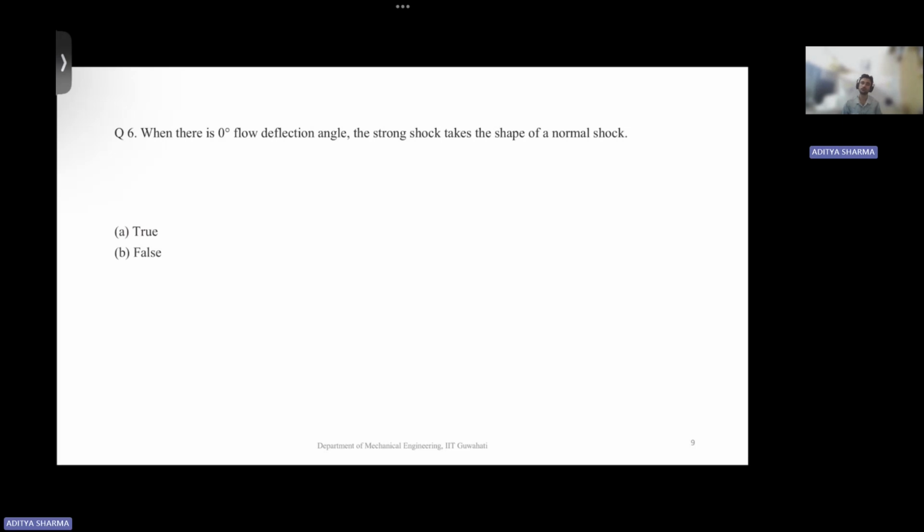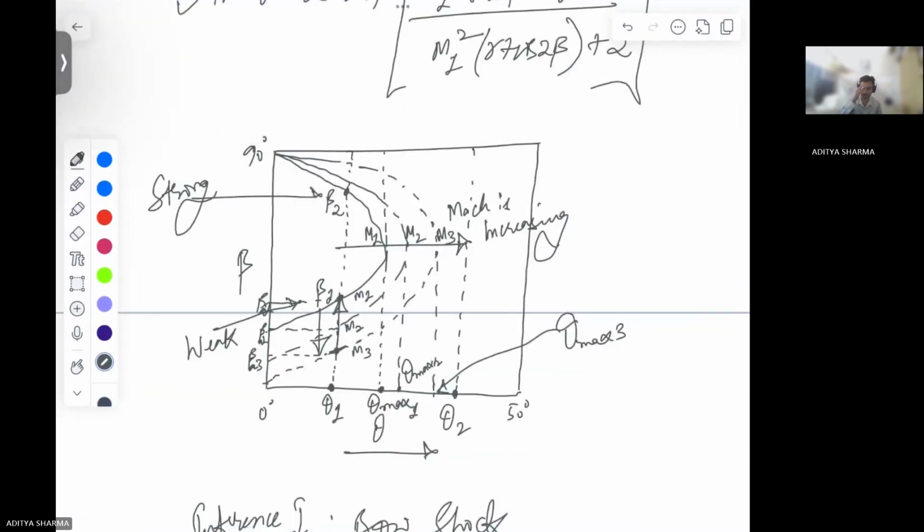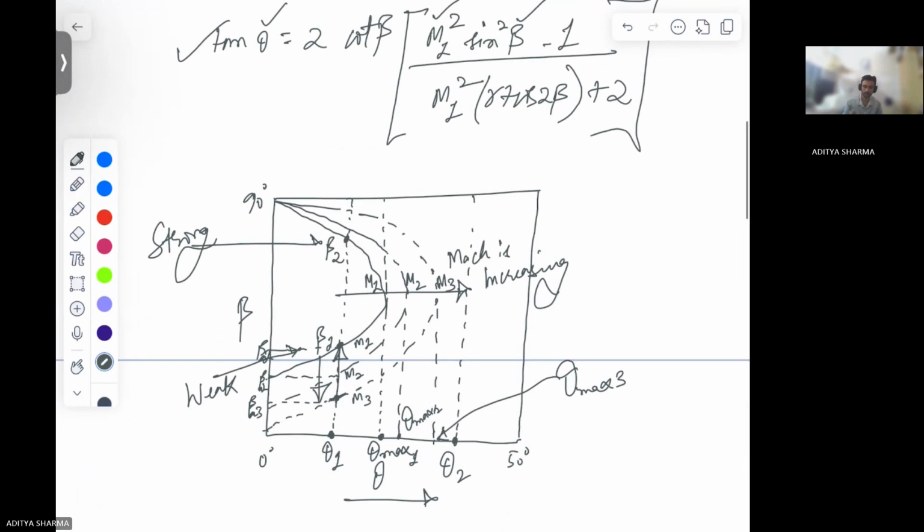Is it correct or not? When there is 0 degree deflection angle, theta is zero, sorry, then what will happen to your strong shock? Now you see the graph, what will happen to your strong shock?